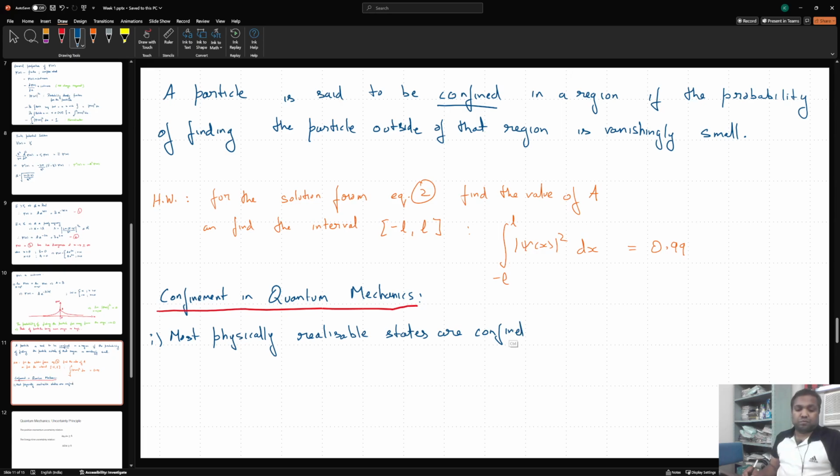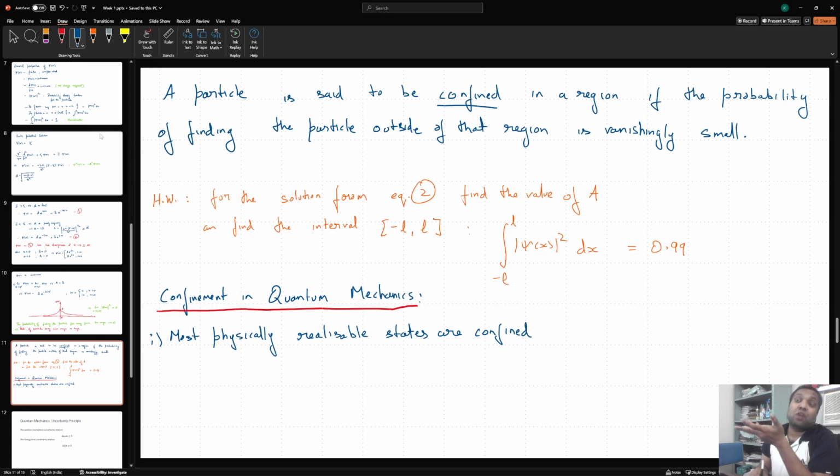Like, if I'm looking at the state of an electron present in the channel of a device, then of course I'm assuming that the electron is bound inside the device. So, in that sense, I'm looking at a confined state.